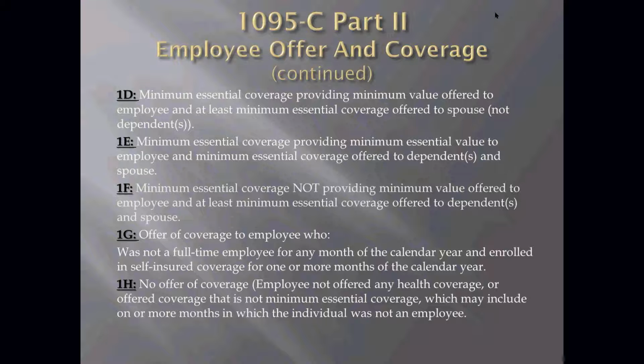And potentially 1G, if you have folks who are not actually employees and they're enrolled in the coverage for one or more months. And 1H, if you have anybody who came in late at the end of the year and didn't have an offer of coverage yet because they were in a waiting period.